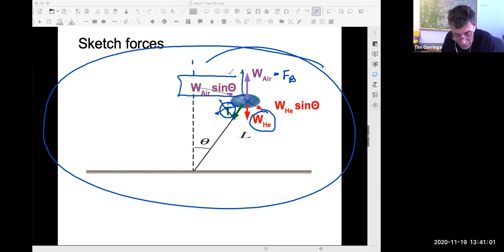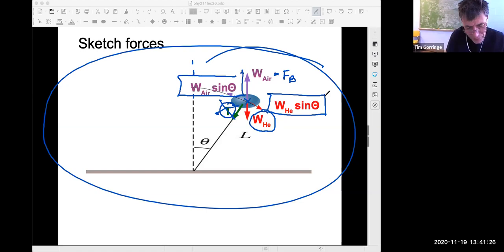I'll put them in little rectangular brackets here, that act along that direction that the helium balloon can move when it's attached to the string or the cable or the ribbon. They're the weight of the air times sine theta, which is a restoring force, and the weight of the helium times sine theta, which is opposite a restoring force, an unrestoring force. I don't know what you call an unrestoring force.